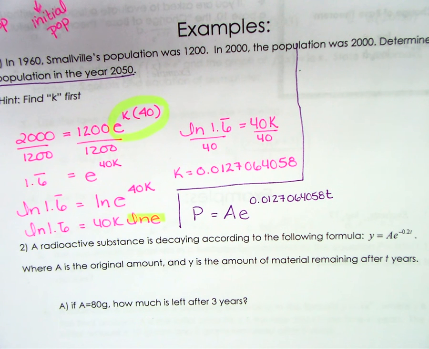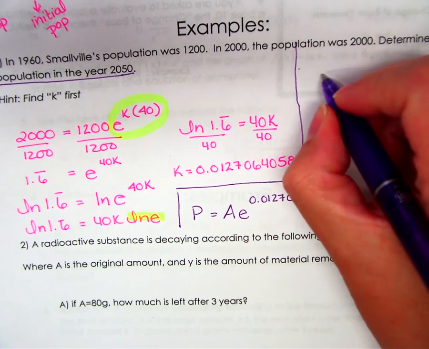And the answer is no. I'm going to use the 2000 population just because between the year 2000 and the year 2050 is a nice number of 50. If you use the 1200 population, what would your T be? It'd be 90, right? So we all should get the same answer.